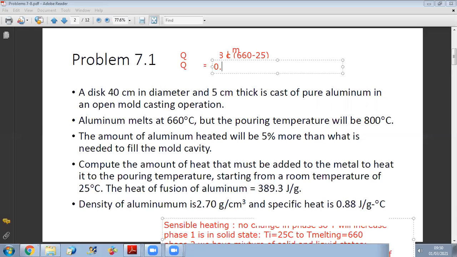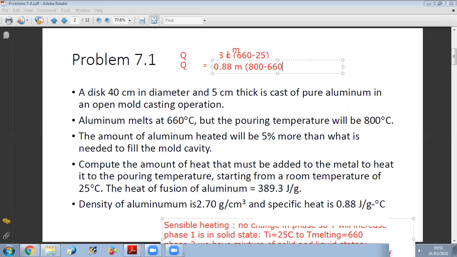Sometimes the specific heat in general varies with temperature. But since in the problem they gave a constant specific heat, we will consider it constant. So it's 0.88 times M times the final pouring temperature, which is 800, minus 660.